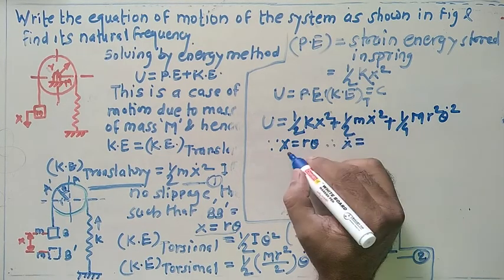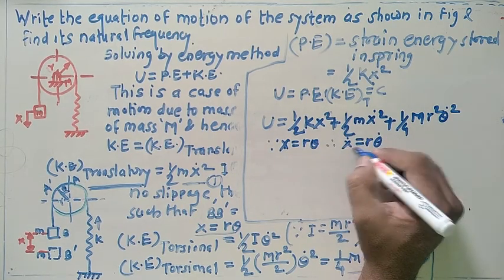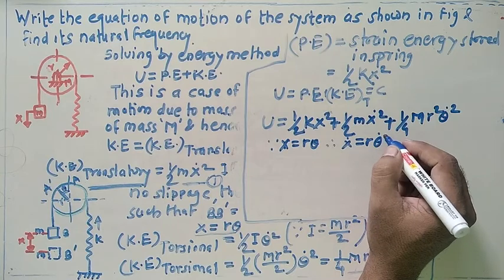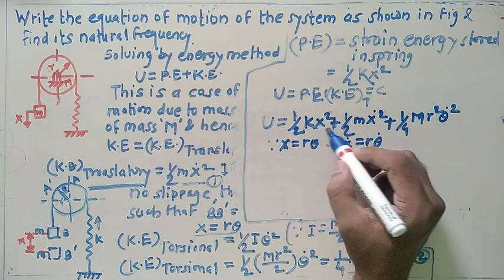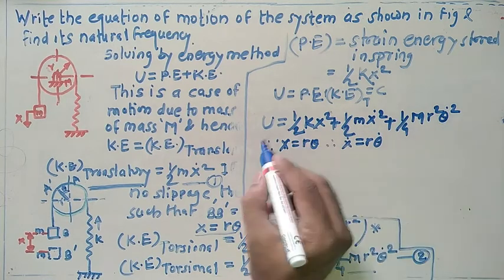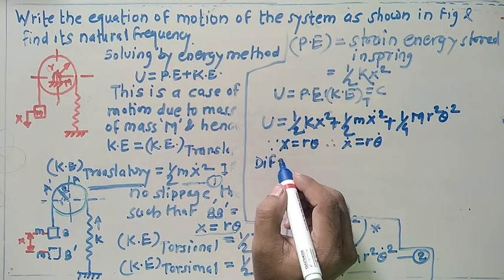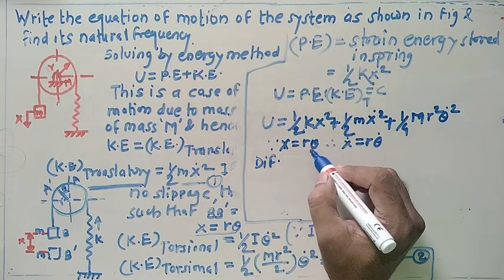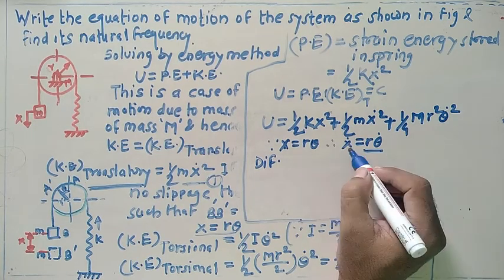You have to differentiate this with respect to time t. We get x single dot equals r into theta single dot. My target is to get this equation in one variable only. So before differentiation, just replace x by r theta and x single dot by r into theta single dot.